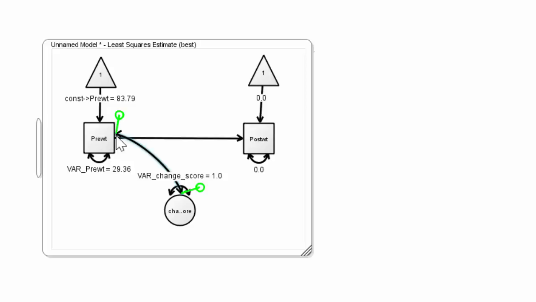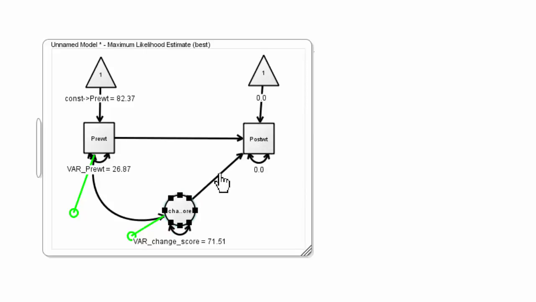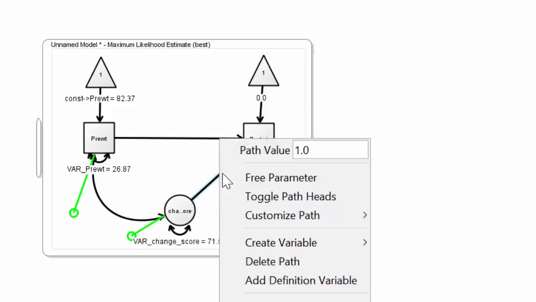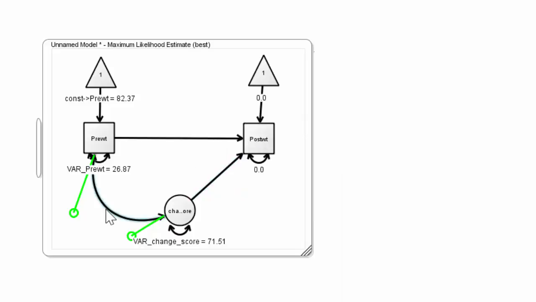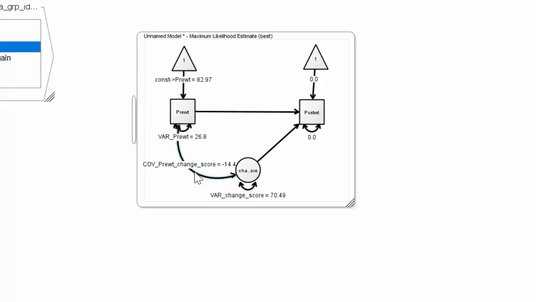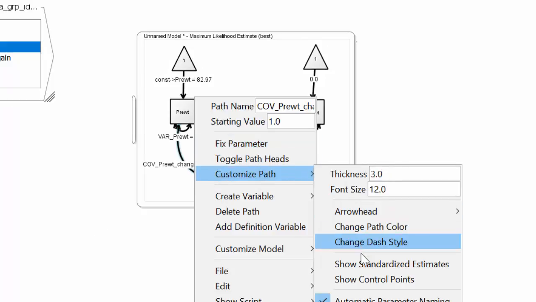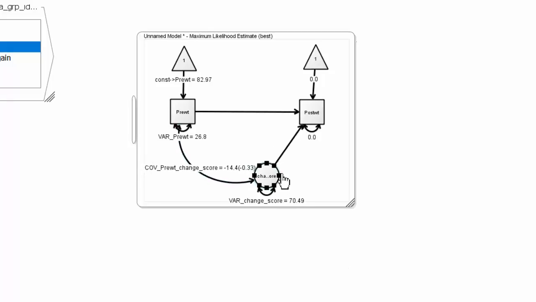If we touch the end of the line, we get these guides to allow us to change the curvature, and now we want another regression line set to 1, which it is automatically. We need to just set this so it's actually a free parameter, and it'd be nice to see the standardized estimate as well.